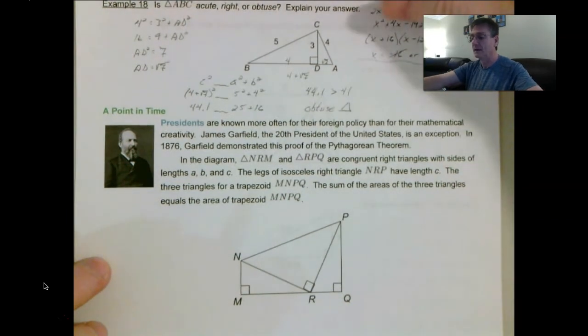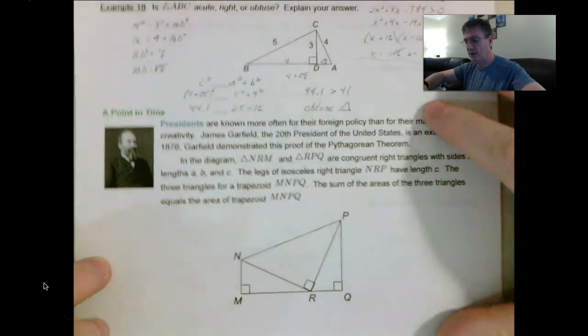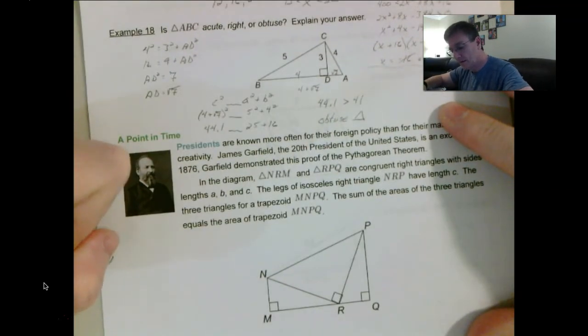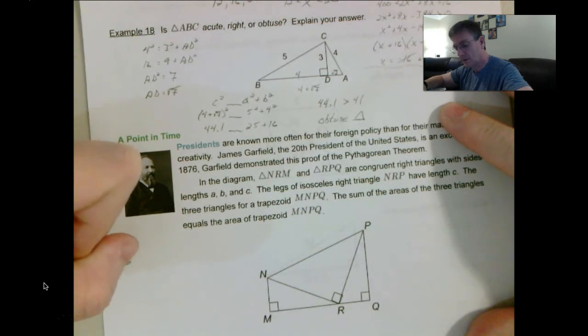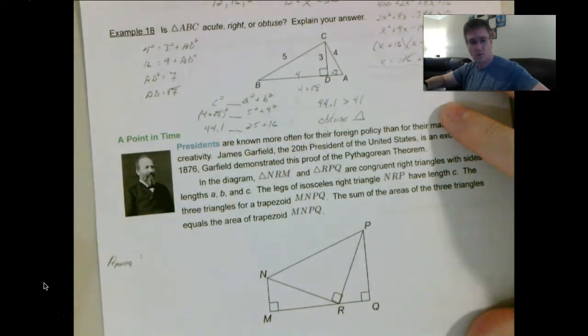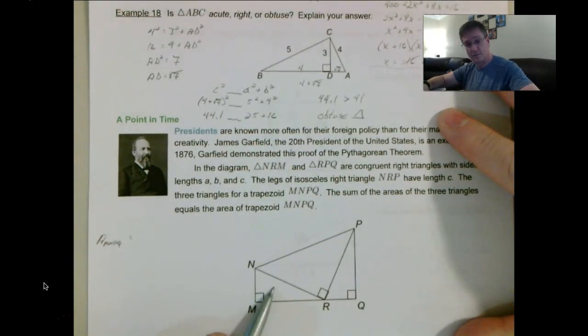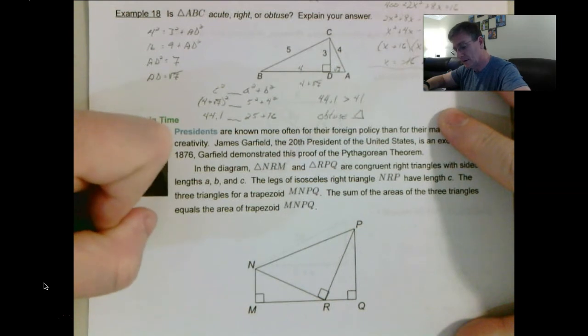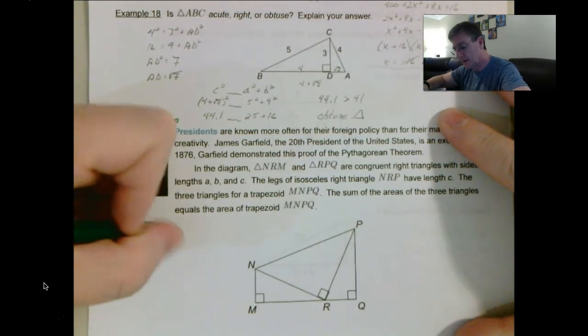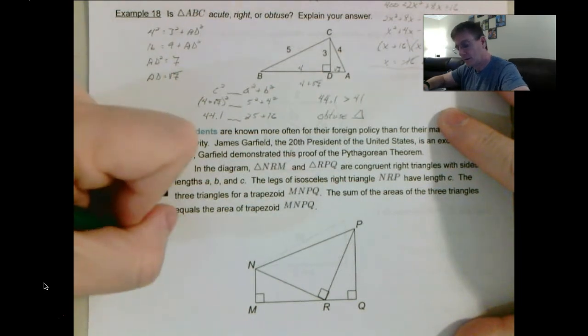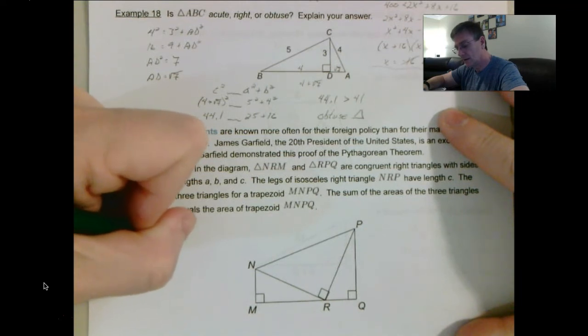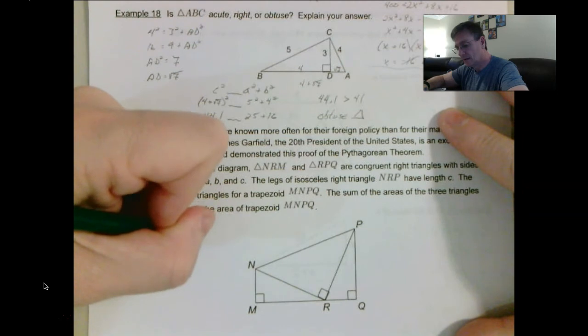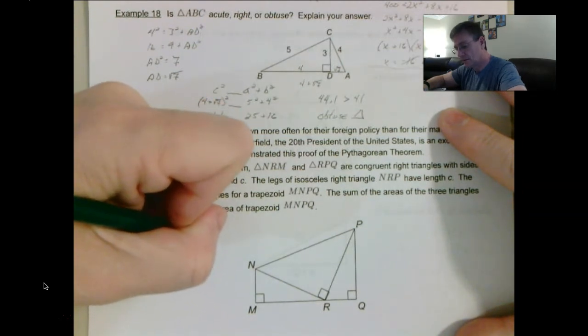So the area of trapezoid MNPQ is equal to the area of this triangle plus the area of this triangle plus the area of this triangle. Area of MNR plus the area of NRP plus the area of RPQ.